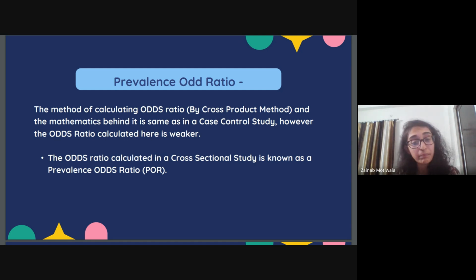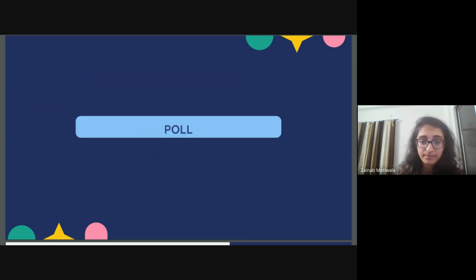One has to keep in mind that the prevalence odds ratio will be much weaker as compared to the odds ratio, as we know that a case control study is considered superior to a cross-sectional study. Just to reiterate, the odds ratio calculated in a cross-sectional study would be a prevalence odds ratio.